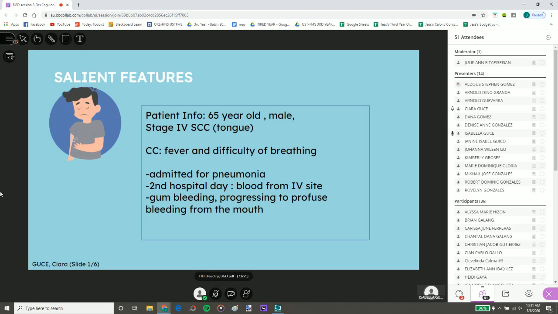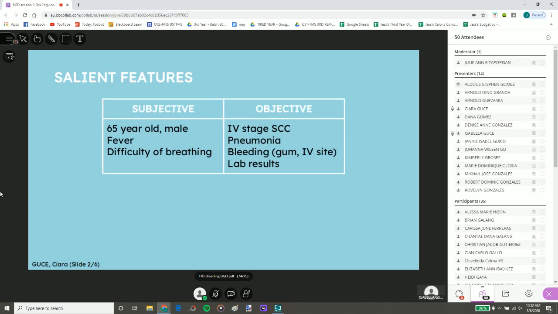So, for the salient features, the patient being a 65-year-old male increases the risk of thrombosis. He also presented with fever and difficulty of breathing. Another salient feature would be the stage 4 squamous cell carcinoma, as malignancy and solid tumors are associated with the release of procoagulants, and this is also seen as one of the causes of DIC.